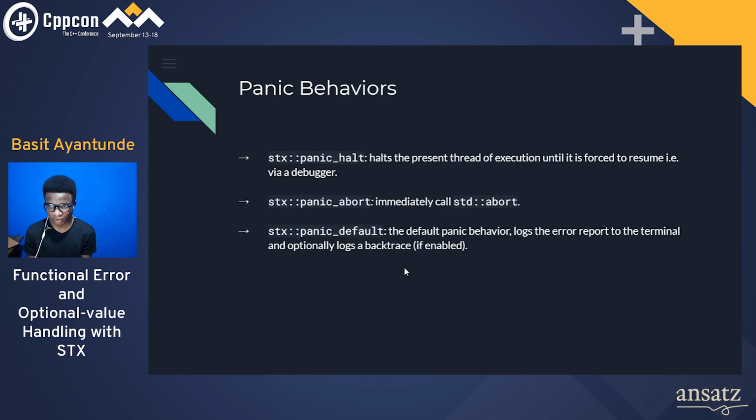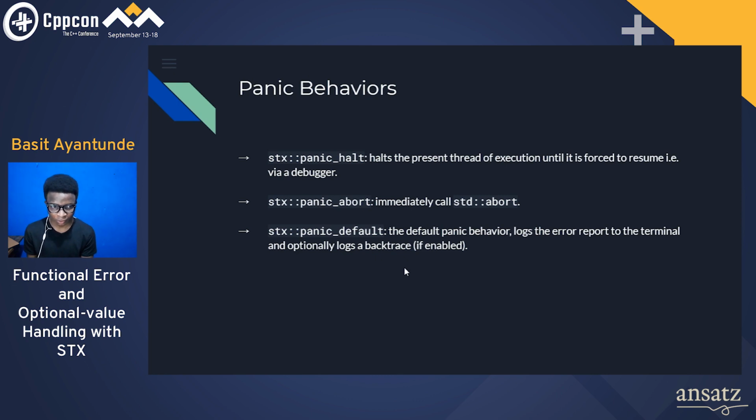Rather than write it from scratch, we have some helper functions that you can use to guide your implementations. We have the panic halt, which halts the present thread of execution until it is forced to resume. Probably you attach a JTAG debugger to it and set the controlling variable to true, which then resumes the program.